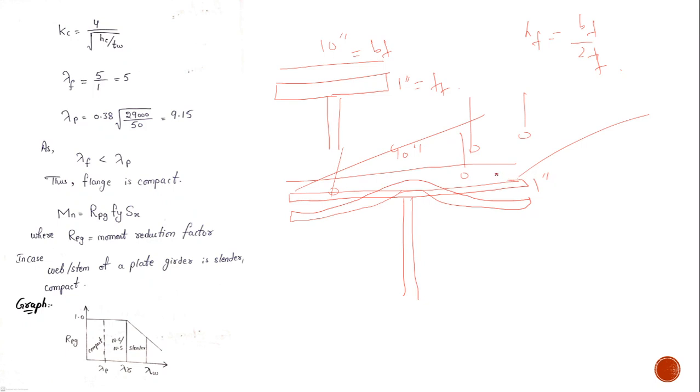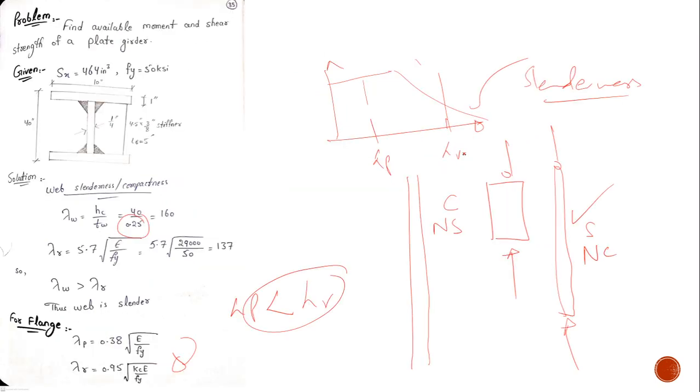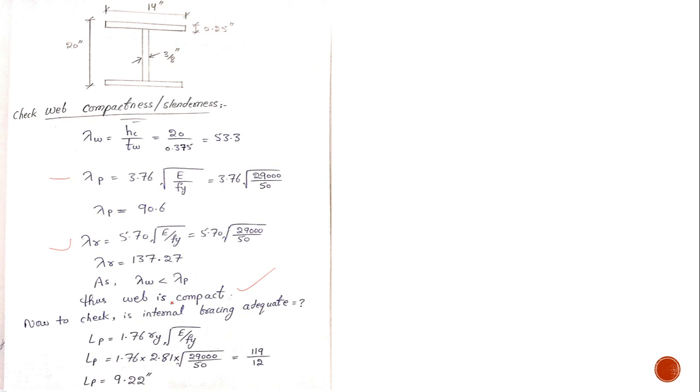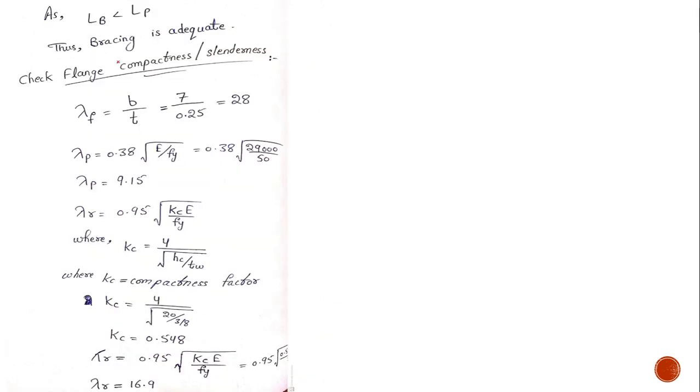In our question, the web is slender and the flange is okay. In the previous lecture, we found that the web was compact, however the flange was slender.